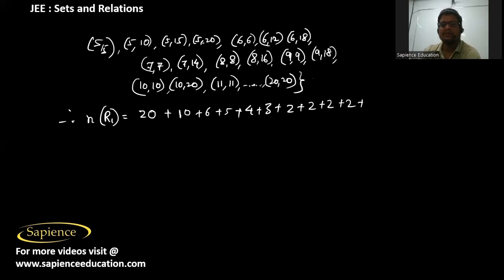And from 11 to 20, here we have 10 elements. So there are 10 more elements here. So this will be equal to 20 plus 10 plus 10, that is 40.